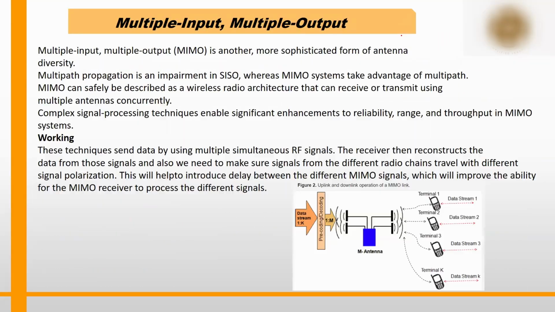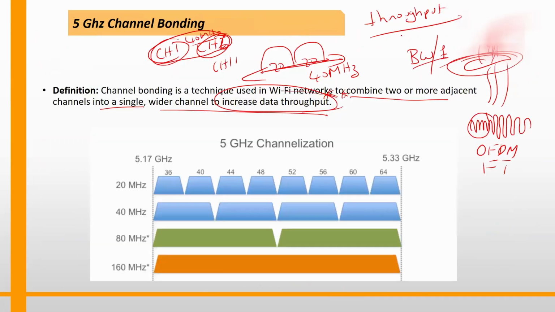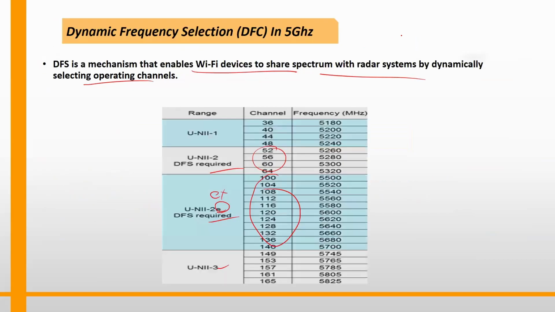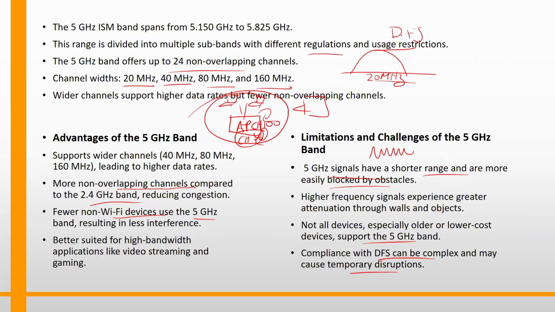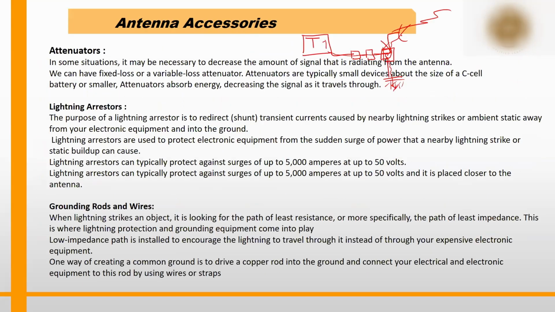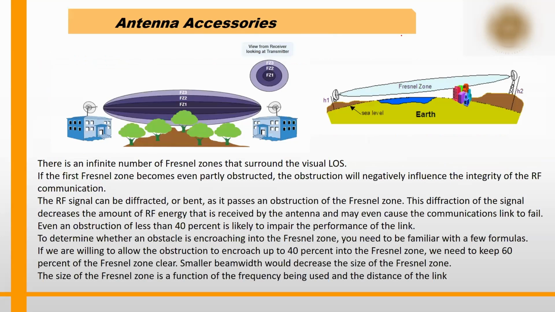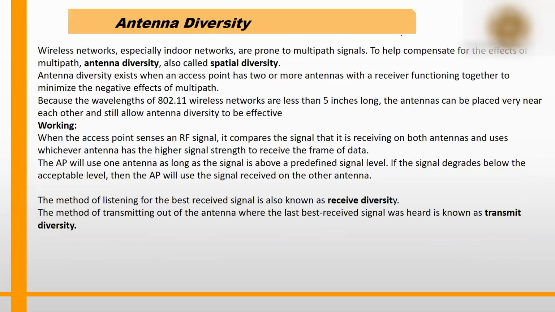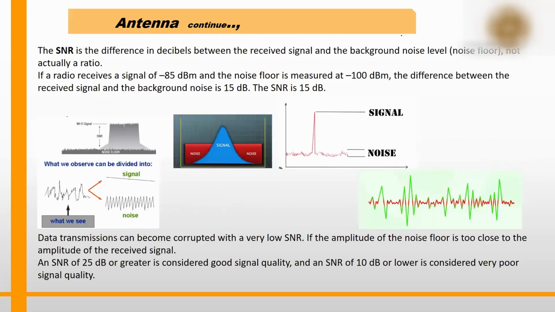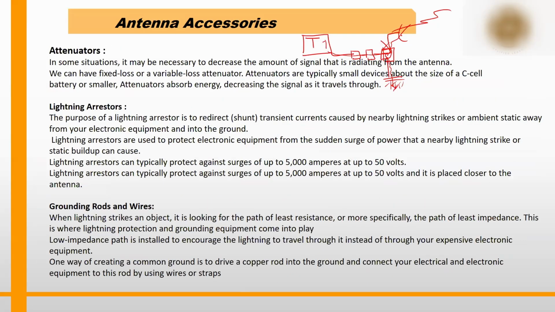Before going to MIMO, we will learn about the bands, so in the next session we will cover the Fresnel zone, SNR, channels and bands in wireless communication. Then if time permits, we will learn about MIMO in tomorrow's session.